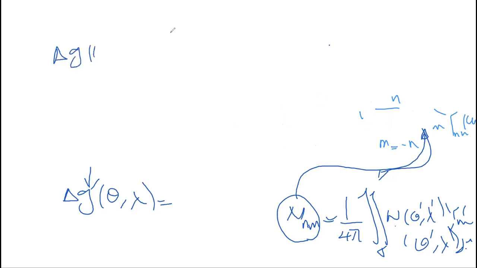Delta g at theta, lambda is gamma over r.